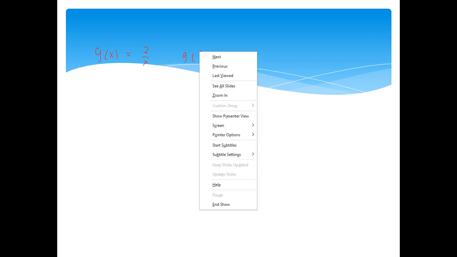If we call the first function g of x, so g of x is equal to 2 over x, that means g of 3 over 2 is going to be equal to 4 over 3.